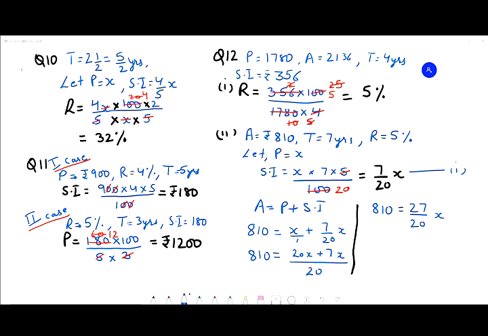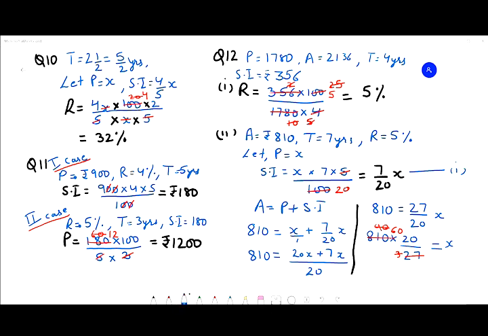I'll take to LHS side and write the reciprocal, that will be 20 by 27x. Now the cutting will be with the 9.